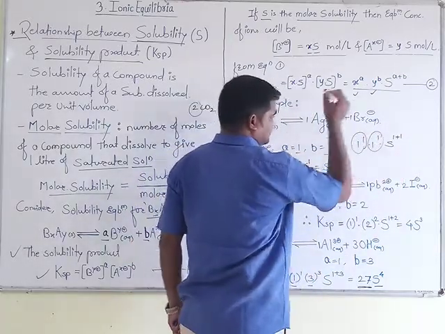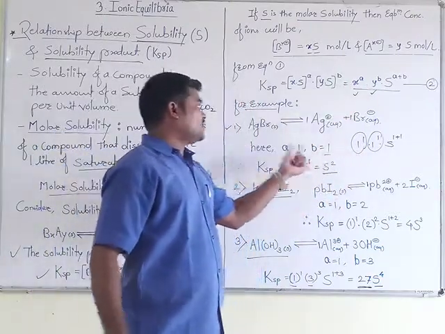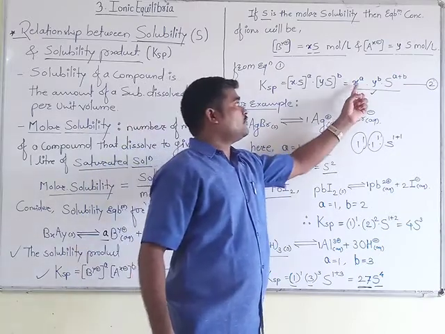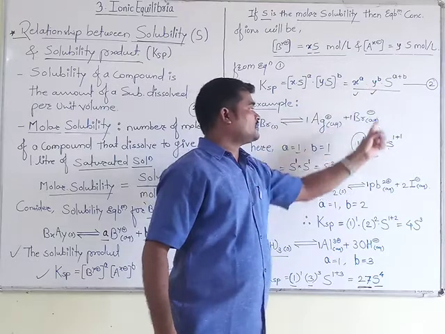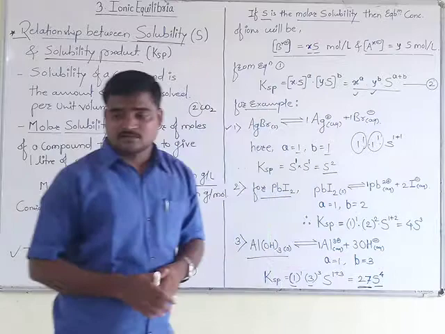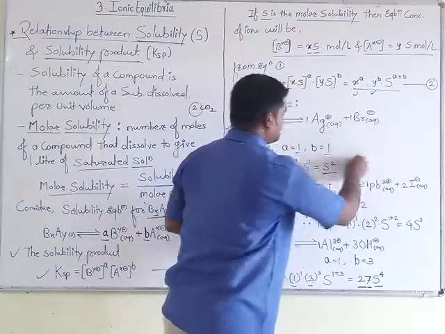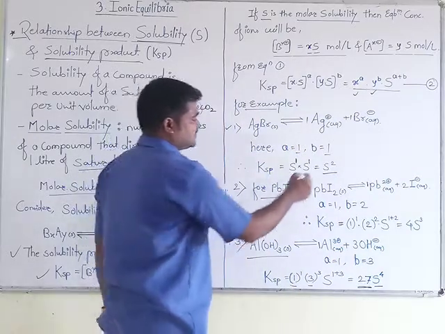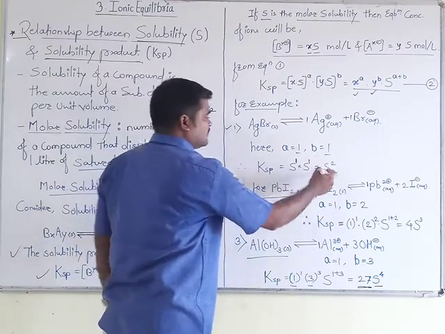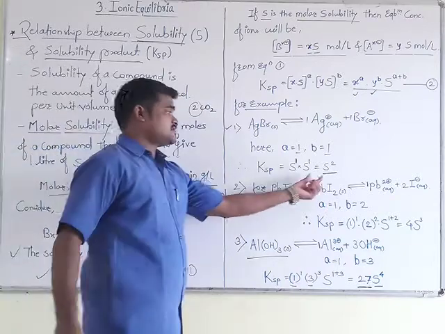Have you understood this term? What I am going to say: x raised to a, here x is 1 and a is also 1, so 1 raised to 1, and here also 1 raised to 1, and S raised to 1 plus 1. Here the term becomes S square. So I have written here S raised to 2.